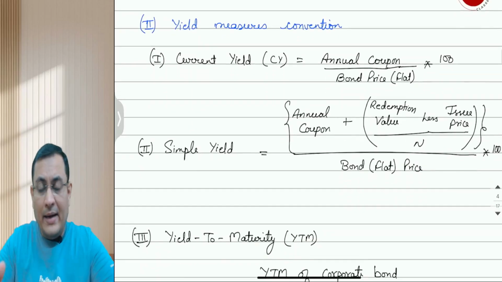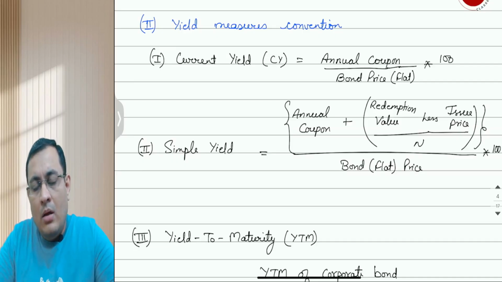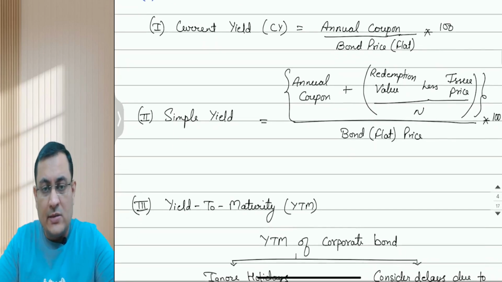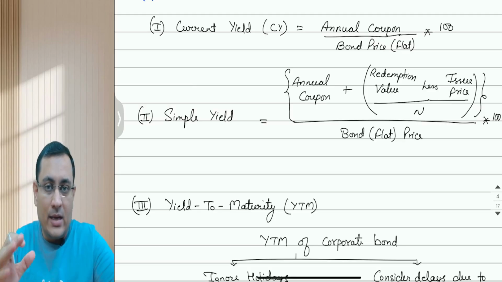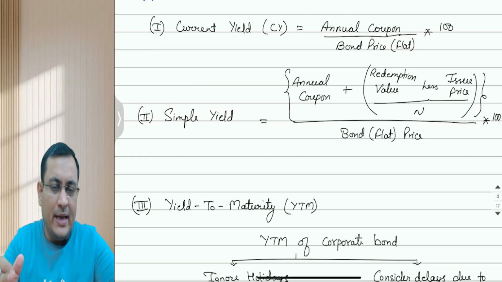Next is YTM. Now, when we calculated YTM, that also had certain assumptions. The first assumption is that when we calculated YTM of a corporate bond, we used the 30/360 day convention, whereas in actual practice the month is not always 30 days.